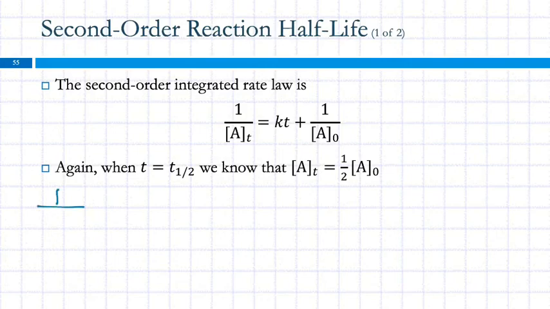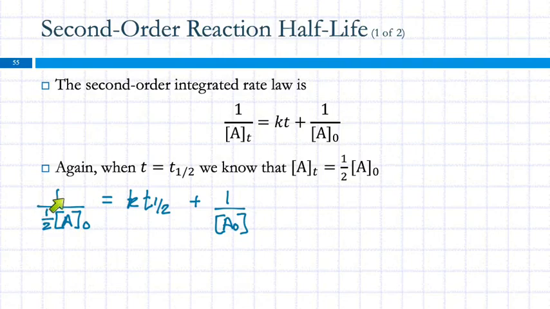So 1 over AT is going to equal 1 over half of A0 equals K times T1/2 plus 1 over A0. And then you look at that and you're like, ugh, right? We can write this out a little nicer.